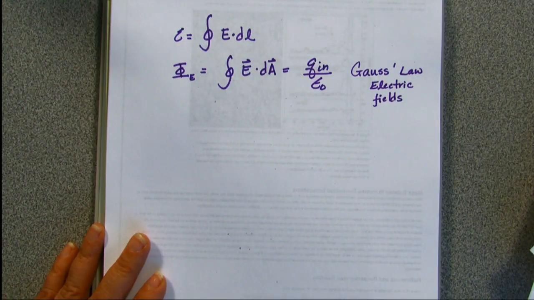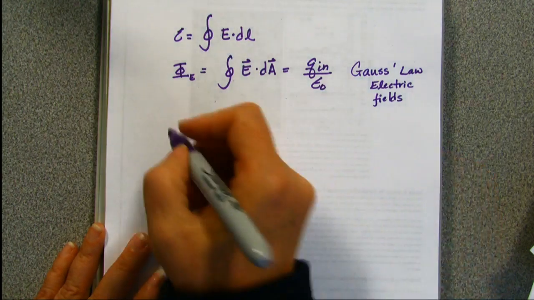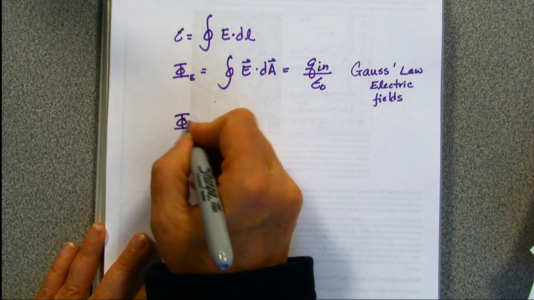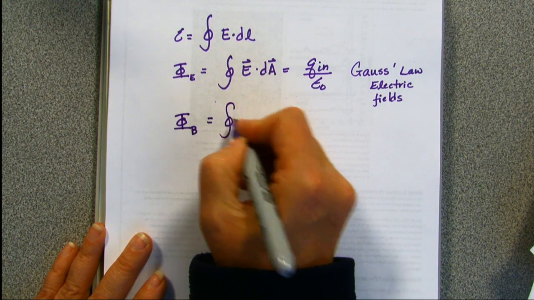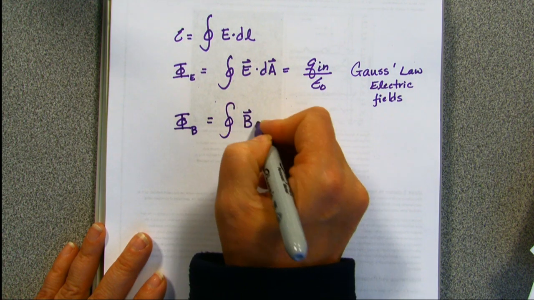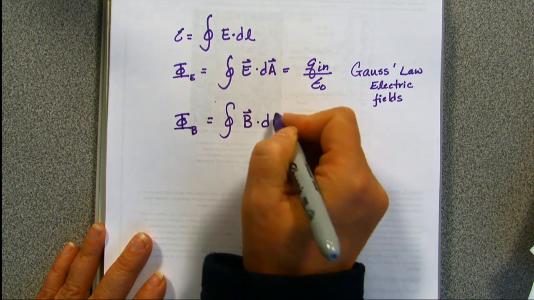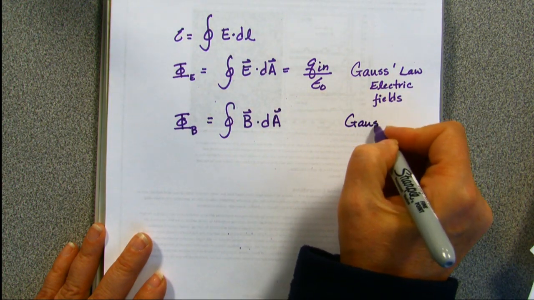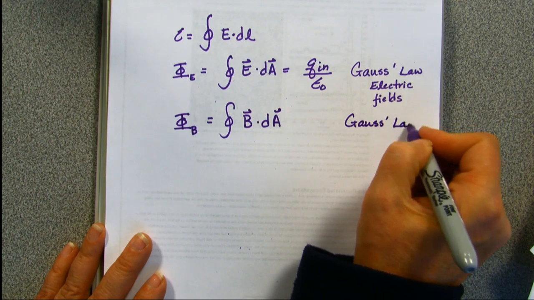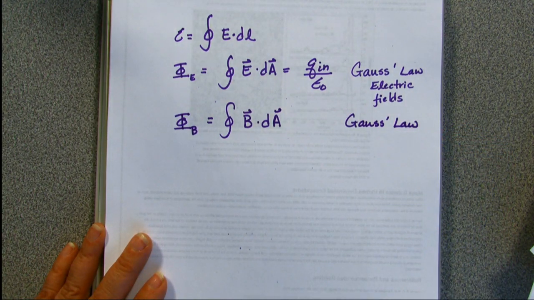Well, we've also seen Gauss's law for magnetism, and if I do this, I'm going to end up with this lovely result. This is also a Gauss's law. So we've got that part.